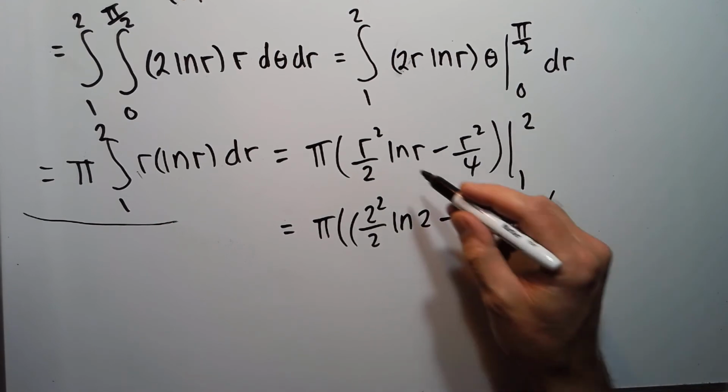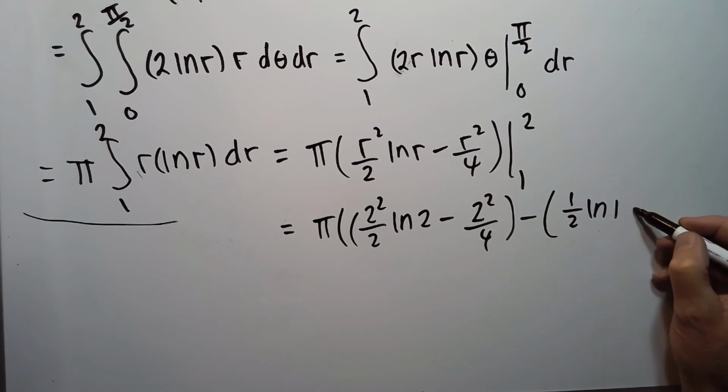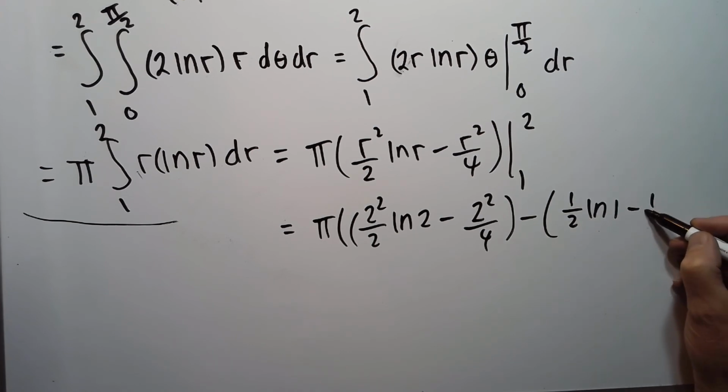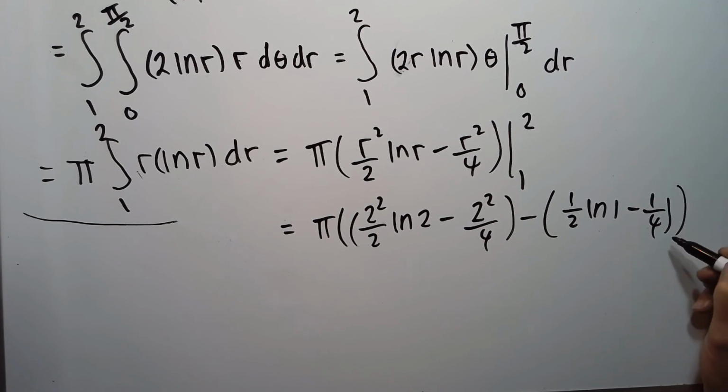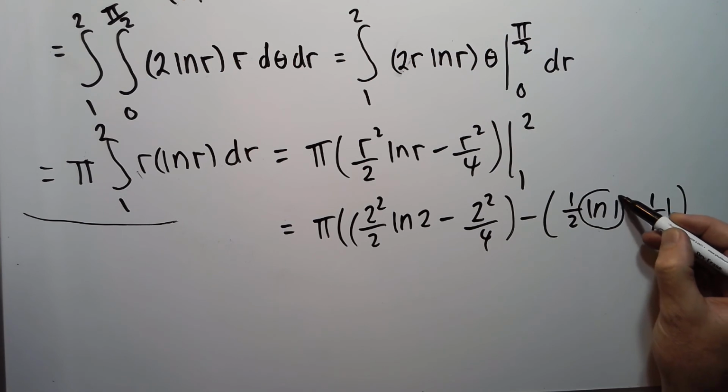Then subtract, put 1 in, so it'll be 1 half ln of 1 minus 1 fourth. The ln of 1 is 0, so that's gone.